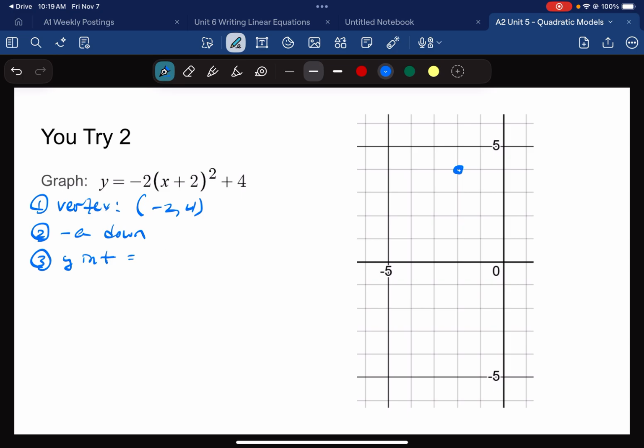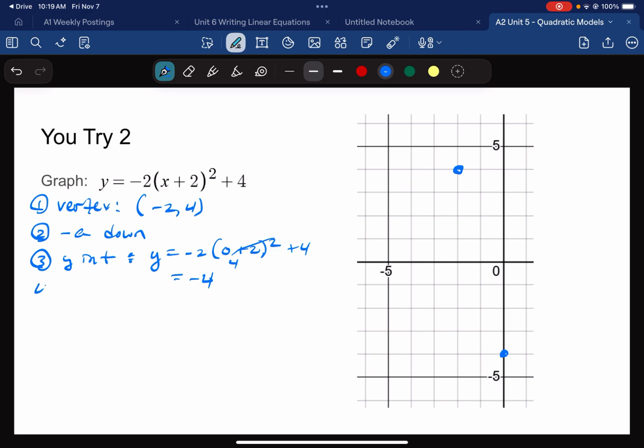So y-intercept is 0 for x, so we're going to go with y equals -2 times 0 plus 2 squared plus 4. So that's going to give me 2 squared is 4. And then 4 times -2 is -8. -8 plus 4 is -4. So y-intercept at -4.